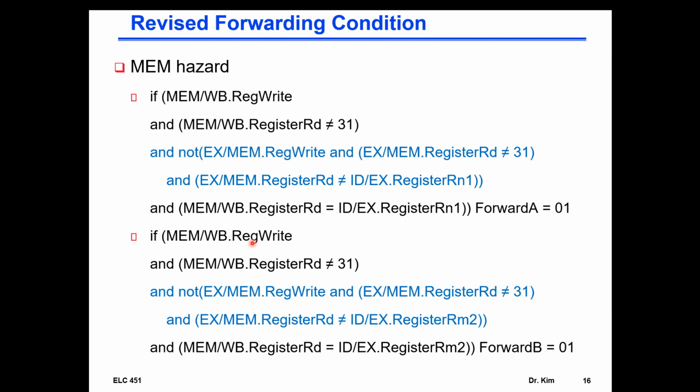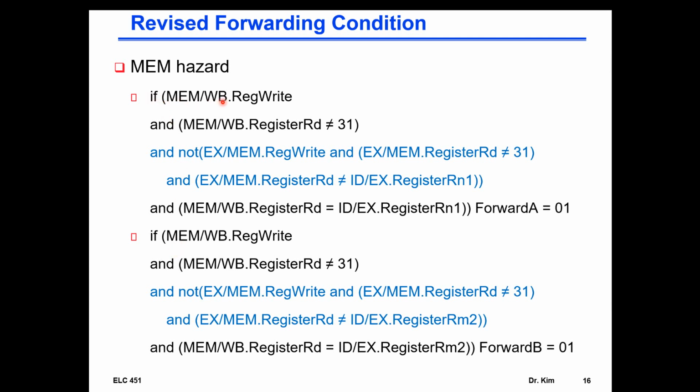So here's our revised conditions. And notice how this is almost looking like pseudocode that I'm able to cast in something like Verilog or VHDL to generate my outputs, which are my forward A, forward B control signals.